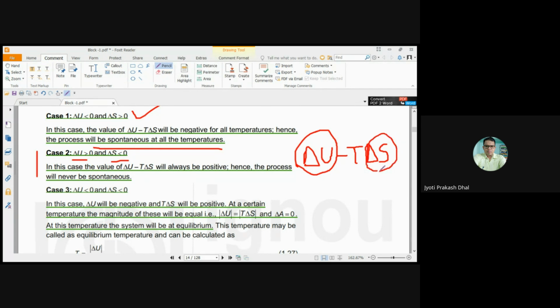And one another negative sign is there, so negative of negative will become positive. So the total value of del u minus T del s will become positive, that is greater than 0, and in that condition the process will never be spontaneous.